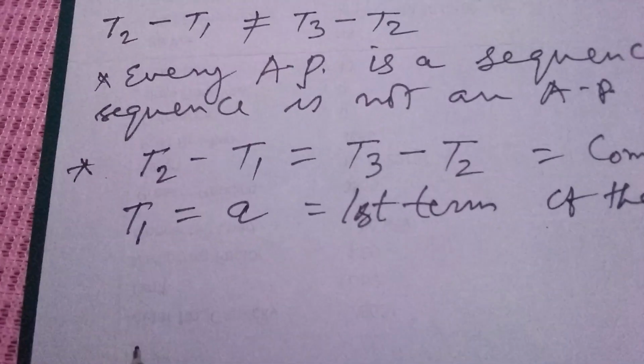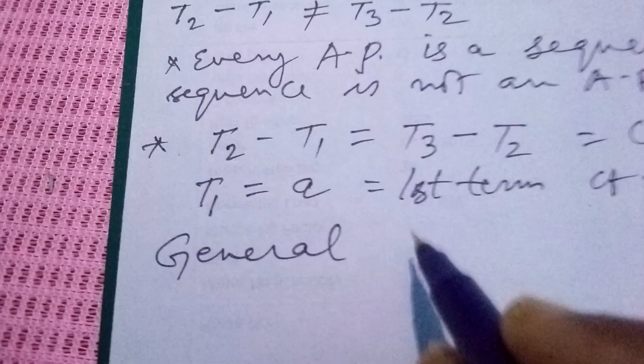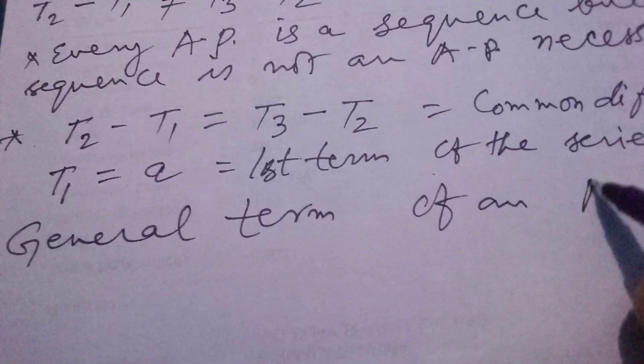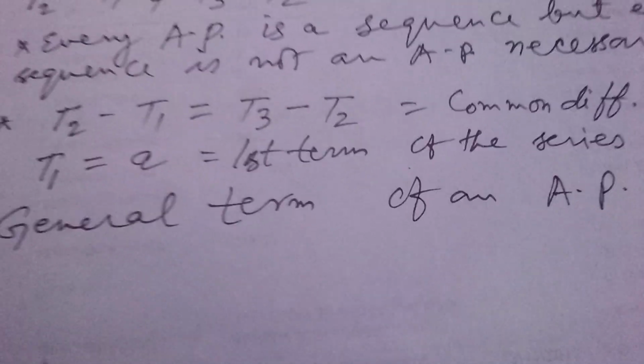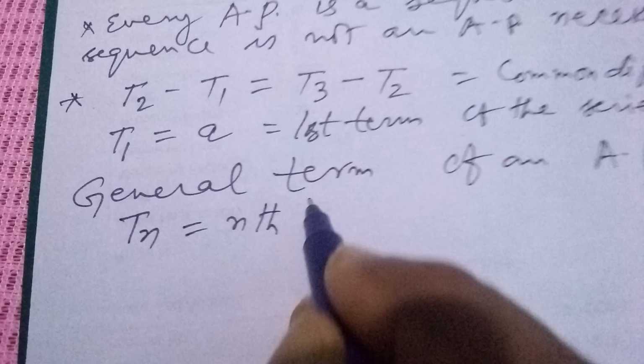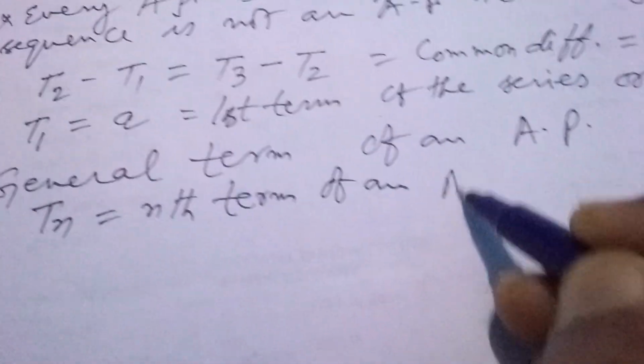So what do we find? The general term of an AP, arithmetic progression, is Tn, the nth term of an AP.